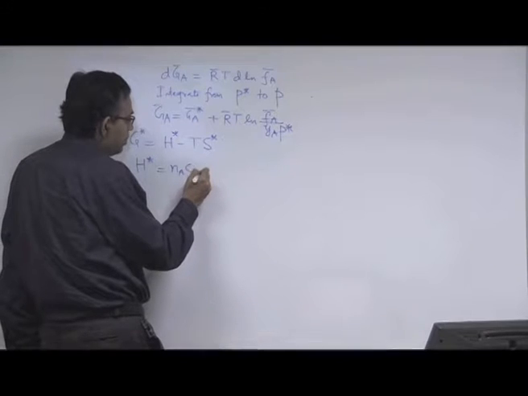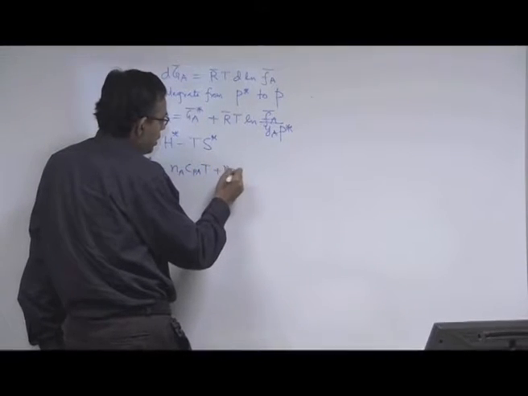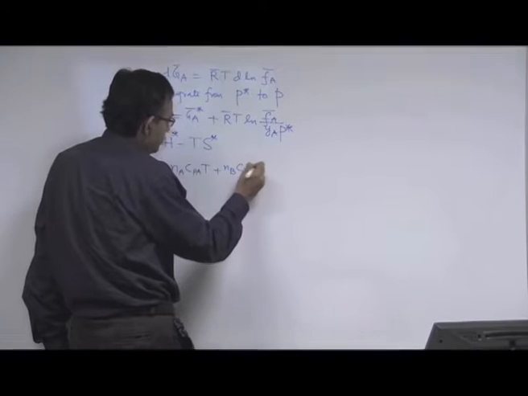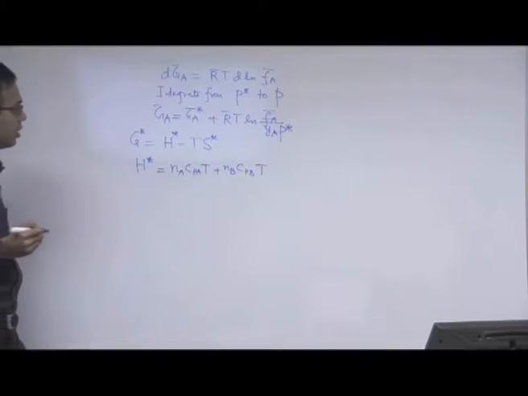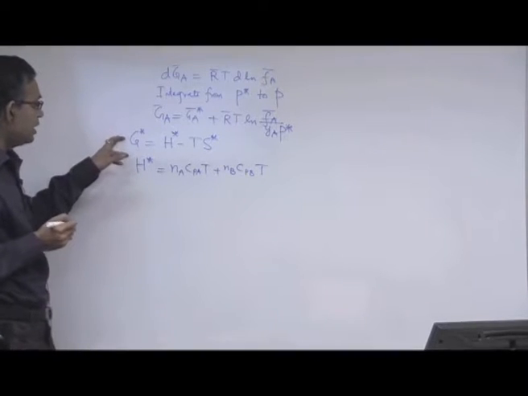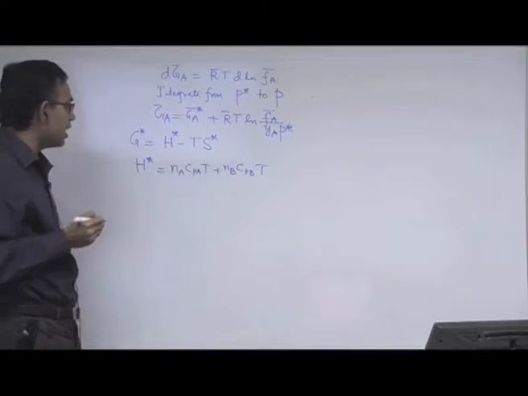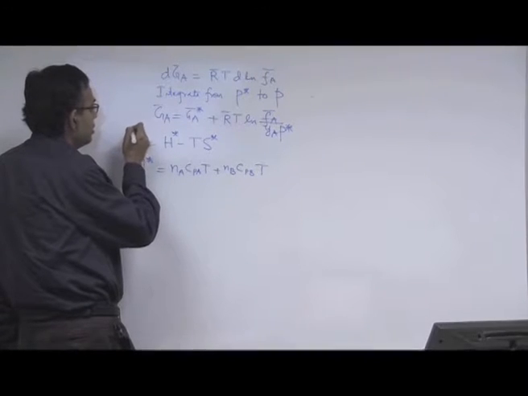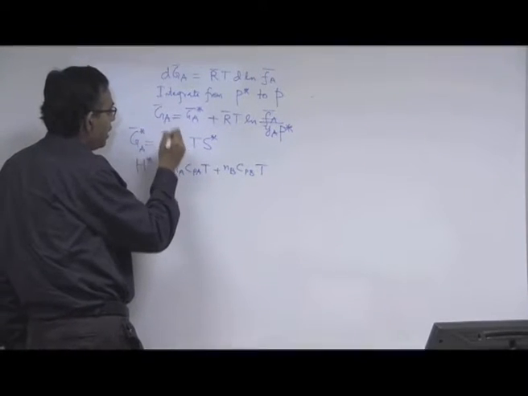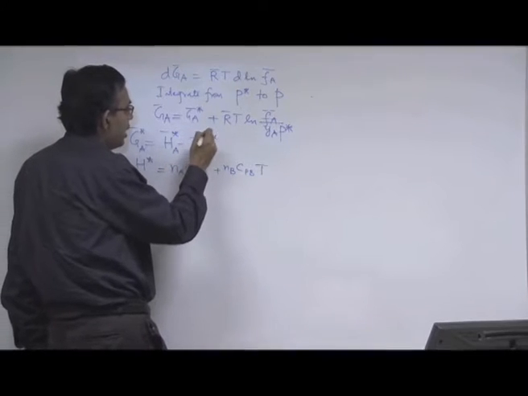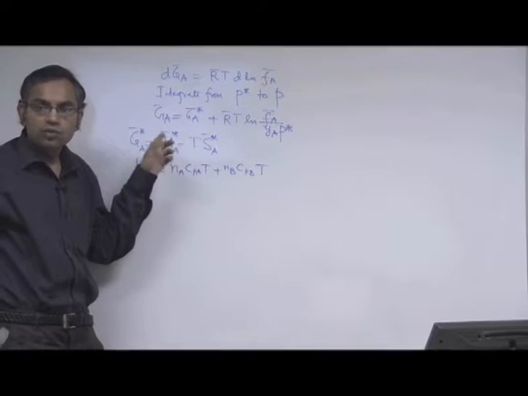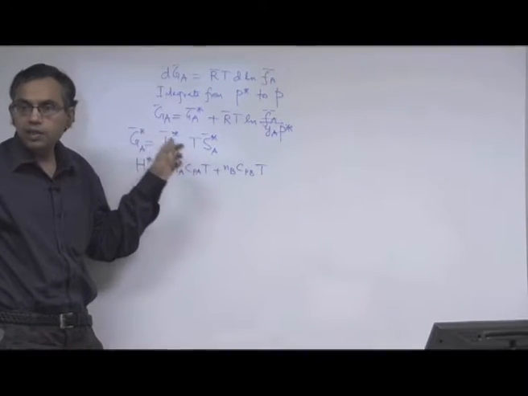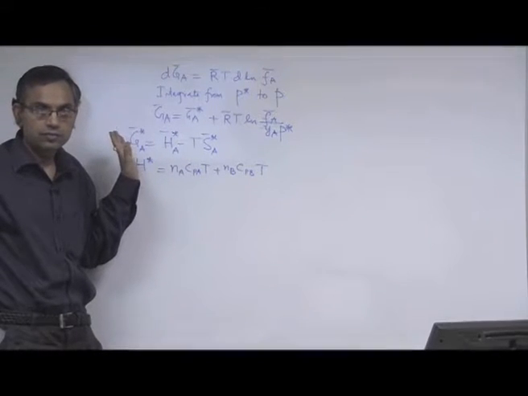H star is Na CPA T plus Nb CPB T. Okay. Now G star is equal to H star minus T S star, therefore G star bar A is equal to H star bar A minus T S star bar A. Just differentiate all the terms with respect to Na by keeping T, P, Nb fixed. So we will get this.